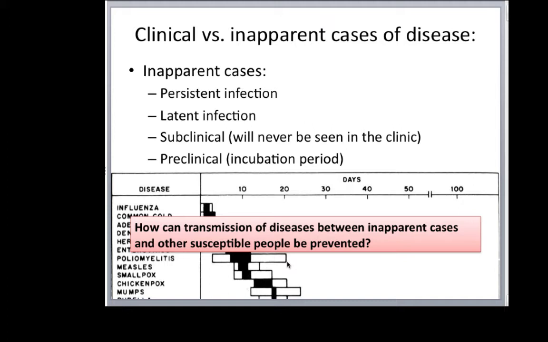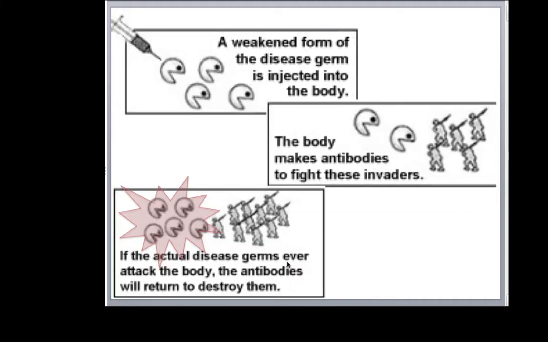So then the question is, how can transmission of these diseases between inapparent cases, especially if they are infectious diseases caused by infectious agents, how can that be prevented in a population at large? And there's many different answers to that. But one example that I gave that applies to polio is vaccination. Right? So that's just one example.